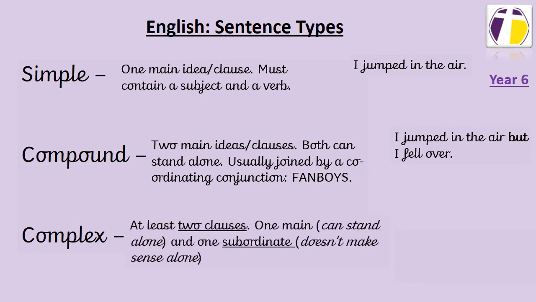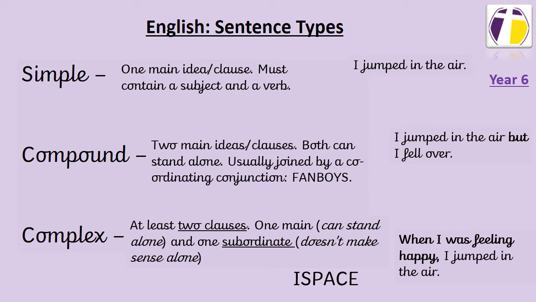A complex sentence must contain at least two clauses, one which is a main clause and stands on its own, making sense, and one which is subordinate and doesn't make sense on its own. We can use ISPACE to help us come up with different subordinate clauses to either start, end, or be embedded in our sentences.